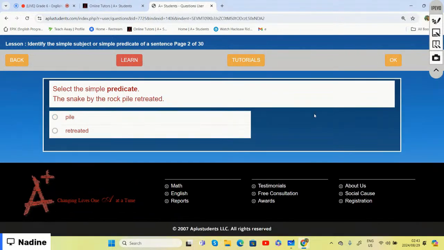All right. The next one says we need to select the predicate. The predicate is also, once again, the verb, the action, right? Simple predicate, only the verb, not all the other added things. The snake by the rock pile retreated. Is it pile or is it retreated?